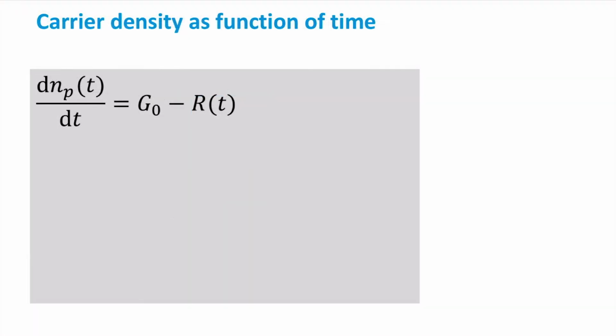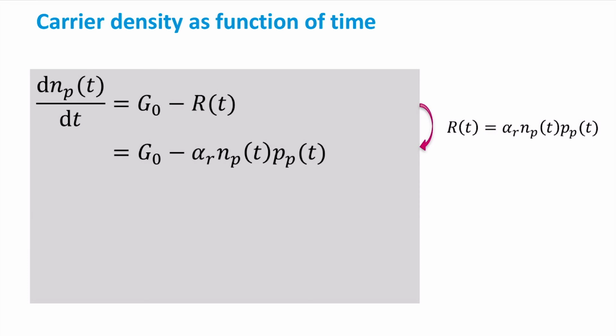First of all, it is to be expected that the recombination rate varies with the product of the instantaneous electron concentration Np and the hole concentration Pp. The prefactor alpha R indicates the likelihood of recombination and is material dependent.